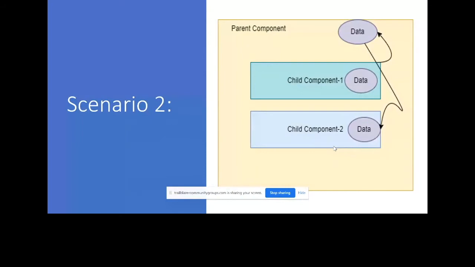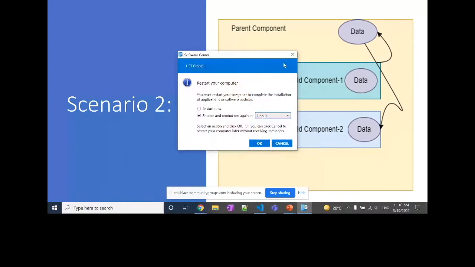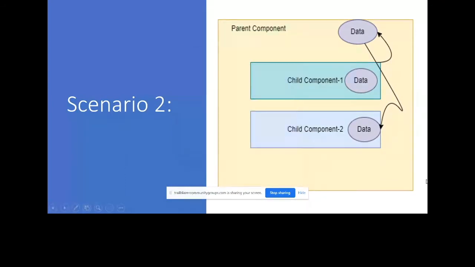Everyone will feel that we can use LMS, but LMS is not suitable for this, because these two child components are encapsulated within this parent component. That is the reason there is no need to use LMS. There is one alternative way in which we can pass data from child component 1 to child component 2 when they have a common parent.